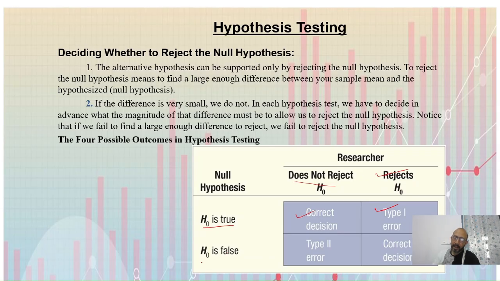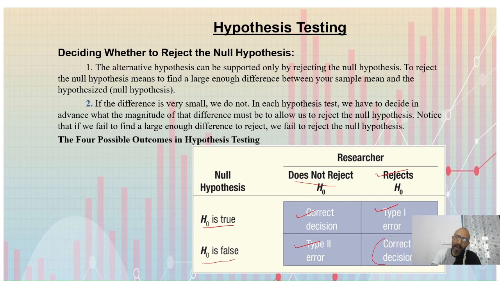If the null hypothesis is false, researcher does not reject: that is type 2 error, meaning the researcher accepts the null hypothesis, but the null hypothesis is false. Researcher rejects: that is correct. The null hypothesis is false, so the researcher rejects the null hypothesis.